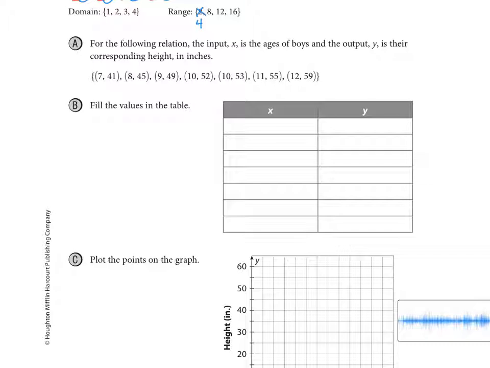So if we were to fill in this table of values for part B, all of my domain values are going to go in the first column. So I got 7, 8, 9, 10, 10, 11, and 12. And then the range values, make sure they're paired up correctly.